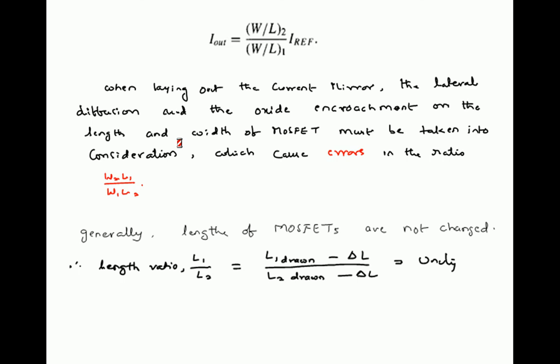So here if you take the length ratio L1 by L2, that is L1 drawn minus delta L over L2 drawn minus delta L, that is always equal to unity, since lengths once fixed won't change. So we need not bother about the L1 by L2 ratio. What we have to bother about is W2 by W1. If there is an error in W2 by W1, then there is an error in the output current with respect to the reference current. That we will see now.